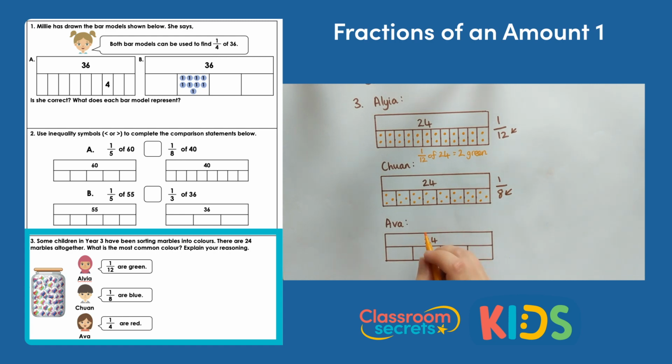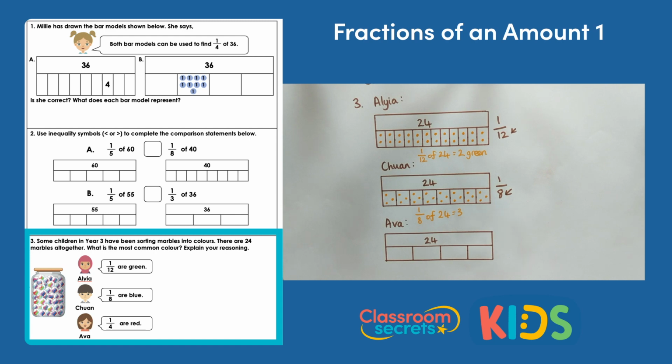So you can see there that there are 3 dots or marbles in each group. So that tells me that 1/8 of 24 equals 3.